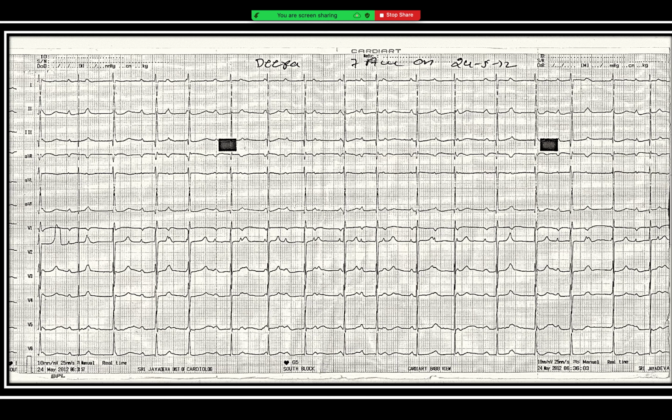Sorry about the poor quality of this ECG, but what do you notice over here? Look at the rhythm strip. It will give you some interesting insights. This is a pretty young patient.